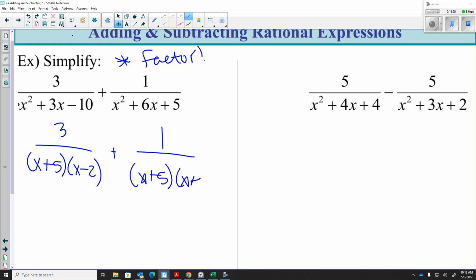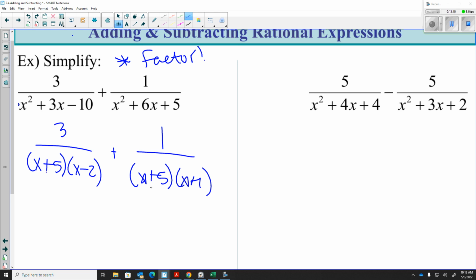Okay, now that I've factored everything, I'm going to look at these denominators. These types of problems are like a little bit of a puzzle. The denominators share one factor, right? What do they share? They share x plus 5. Okay, so that's the same.